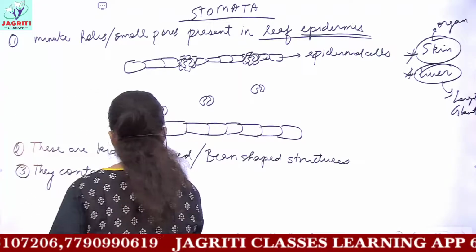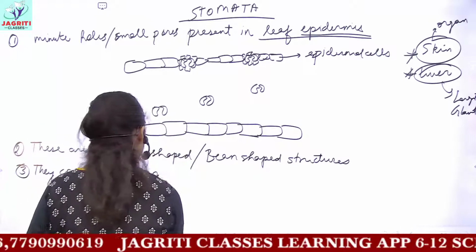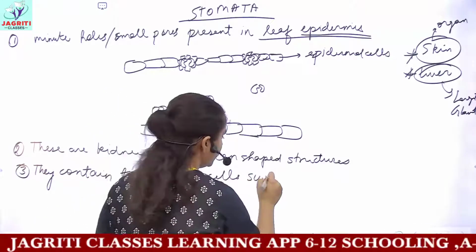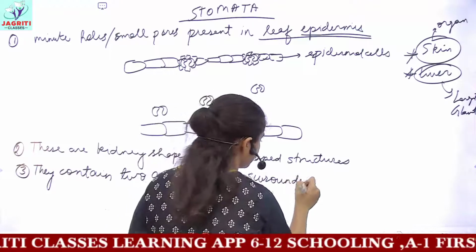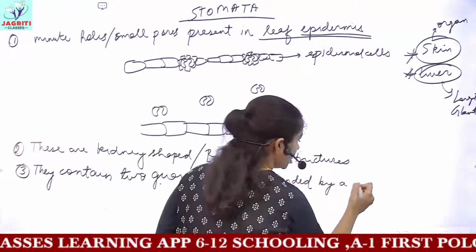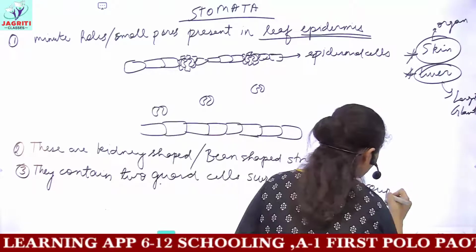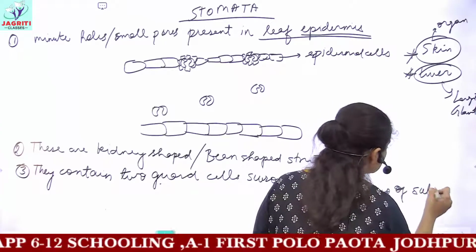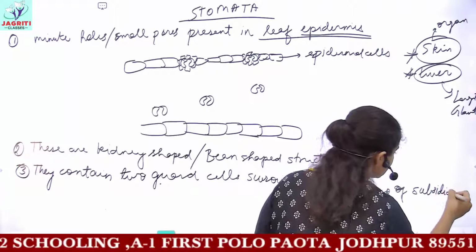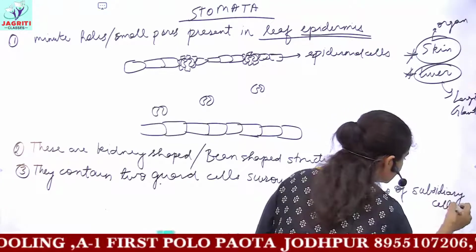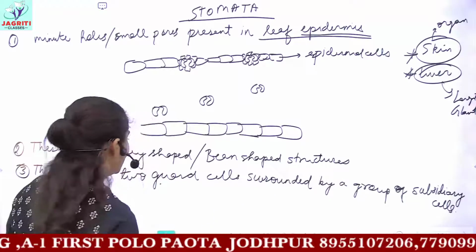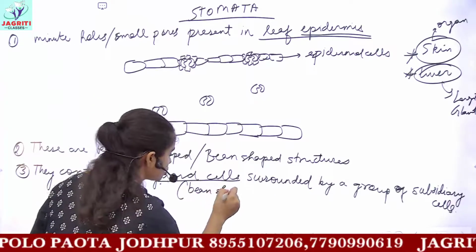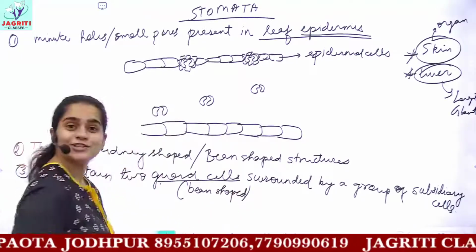So they contain two guard cells surrounded by a group of special cells which are called subsidiary cells. Guard cells are again the bean-shaped or kidney-shaped structural cells present in your stomata.